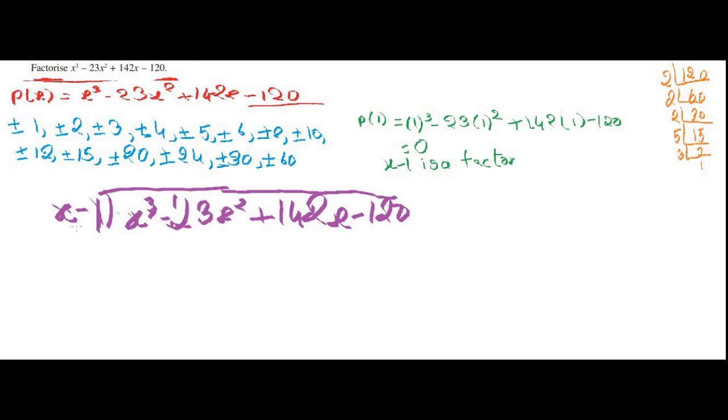So here we have x. What should be multiplied with x so that we get x cube? That we have to write over here. x into x square is nothing but x cube. So we write x square above, and x cube here. Then minus 1 into x square is minus x square.